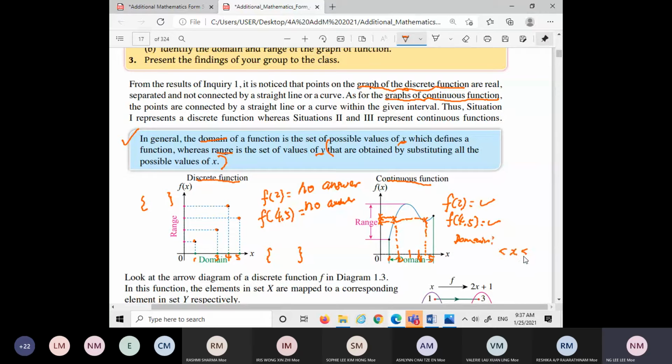Domain is the x value, and sometimes it has an equal sign, sometimes not. Then the range. Range is the y value, which is f of x. They also write it in an inequality. So this is the difference between the discrete function and the continuous function, the way they write the domain and the range.